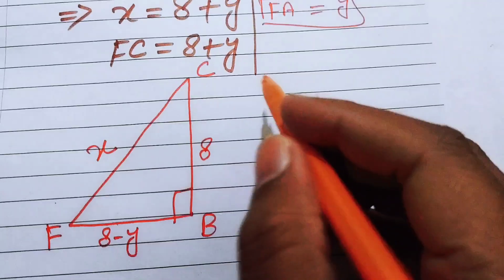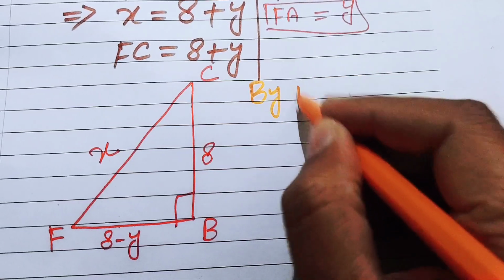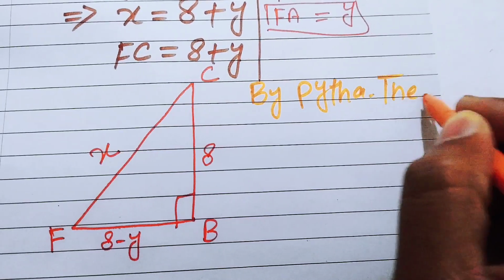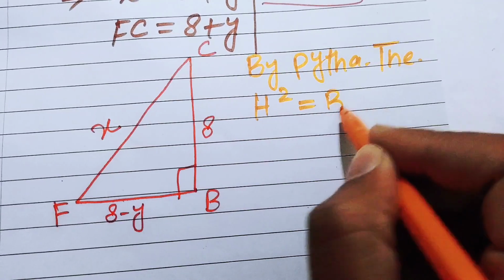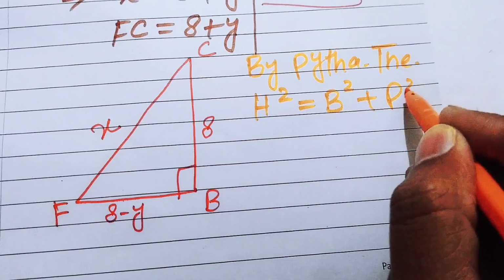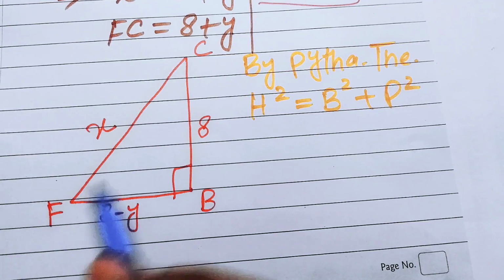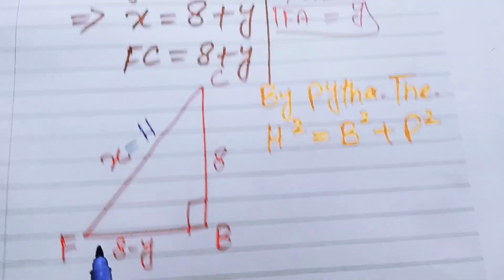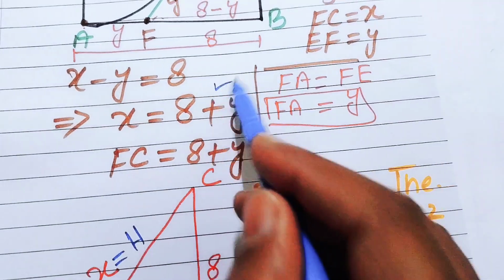So here we use the Pythagoras theorem. By Pythagoras theorem, we say that hypotenuse square equals base square plus perpendicular square. In this question the hypotenuse is the longest leg, denoted by x, and the value of x is 8 plus y, so we use this value here.